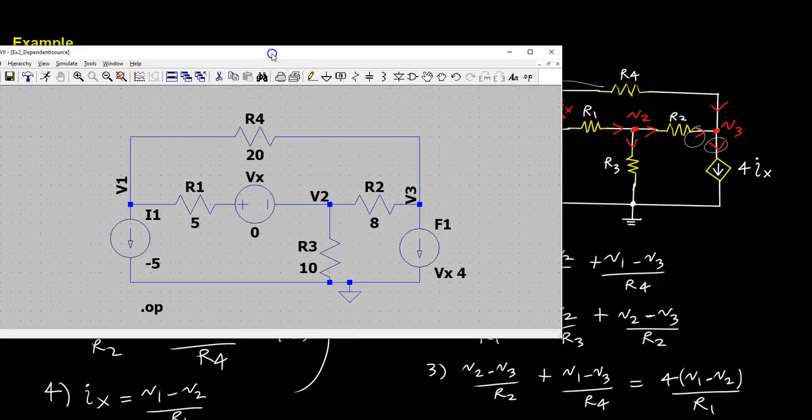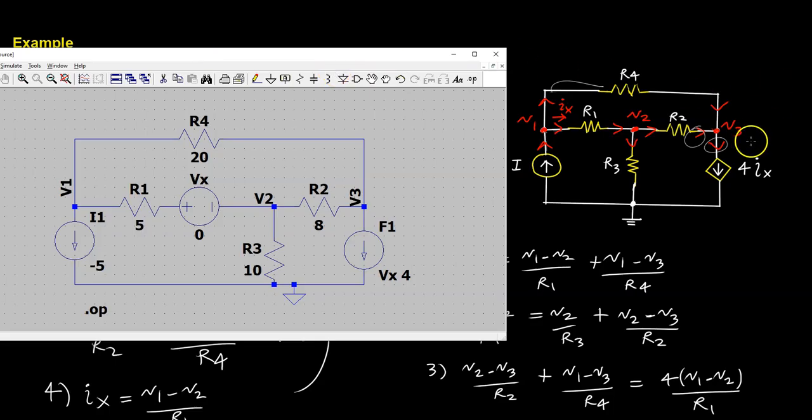Okay, so before we talk about how to model the dependent current source, let's talk about direction of current. So in the schematic, you can see that I have the current pointing upwards, and here I have the current source pointing downwards, but I have a negative 5 amp value to account for the reversal in direction.